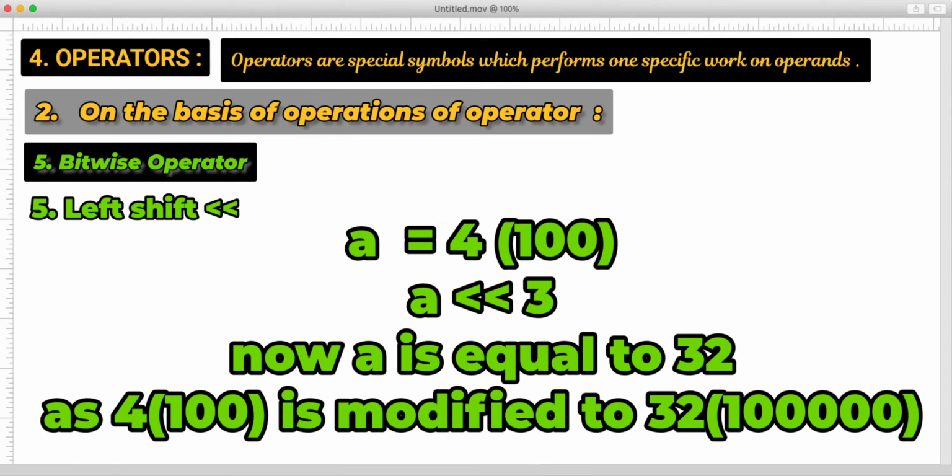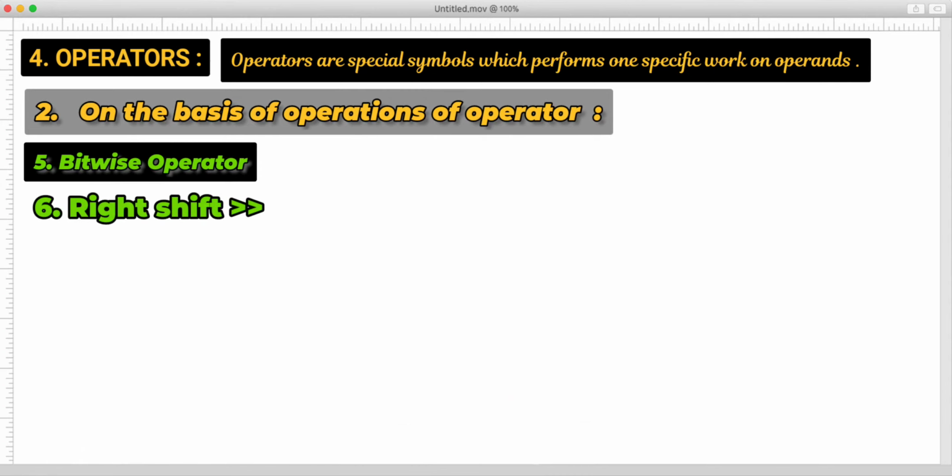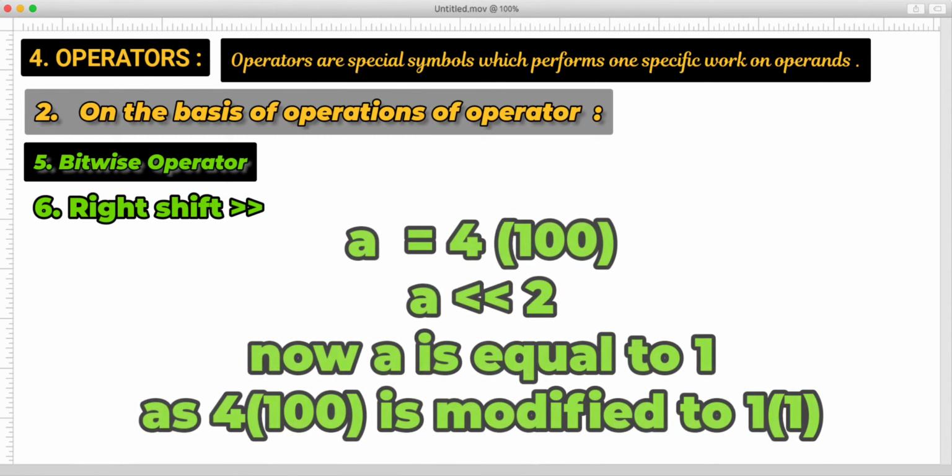Now in the right shift operator, it deletes the number of binary digits from the end as we specify. Suppose we write a right shift operator 3, so it will delete 3 binary digits from a. Suppose we write a right shift operator 2, and a is 4, so now it will delete the last 2 elements of its binary code.